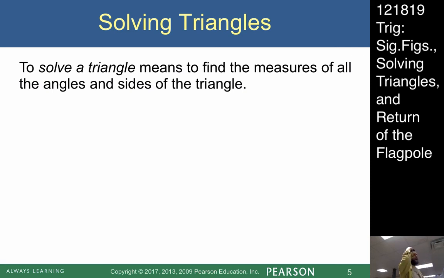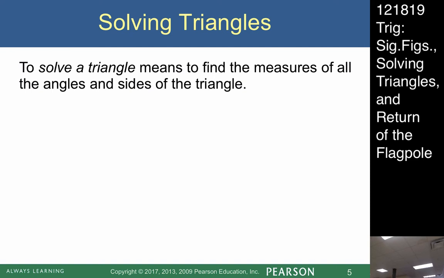So solving a triangle relates to remember in geometry where they talked about what do you need to know about a triangle? There was side angle side, or angle side angle, or angle angle angle, or side side side.